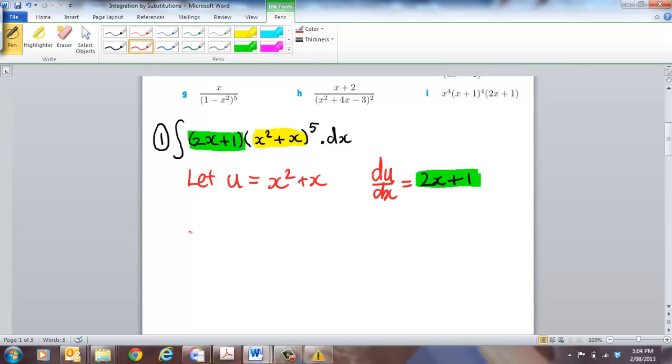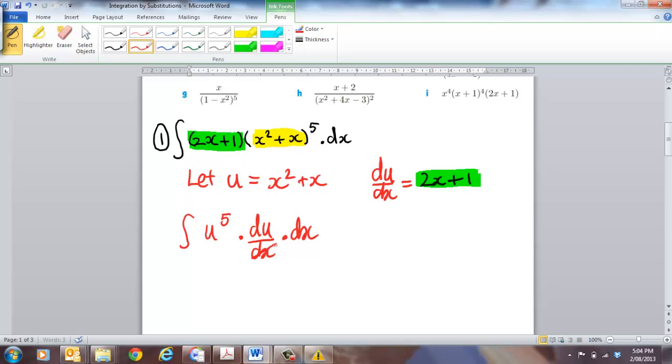So what I can say here is, and I'll write it a slightly different way, this is my u value, so therefore I'm going to write that as simply u to the power of 5 times by du dx, and then we're doing that with respect to that dx. So looking, in fact, the du dx is in fact the 2x plus 1.